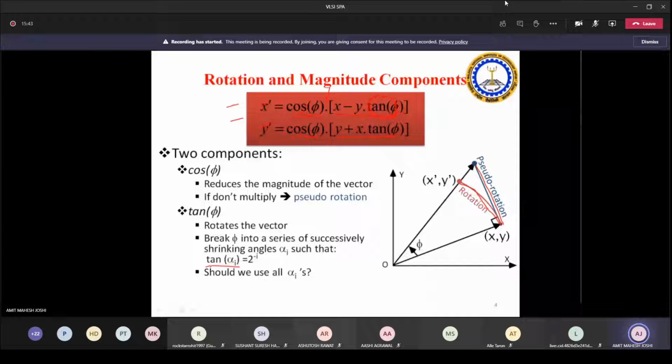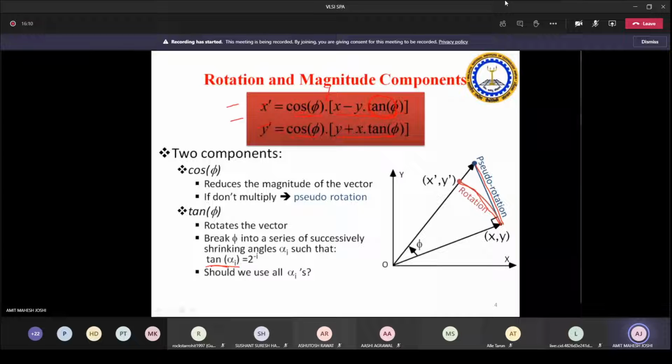Now how you can actually find it out: you can take simple values of the different tan phi and then try to find out the different values. If I consider tan 0, what is tan 0? Tan 0 is 0.